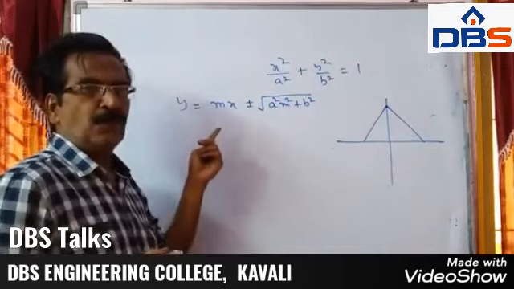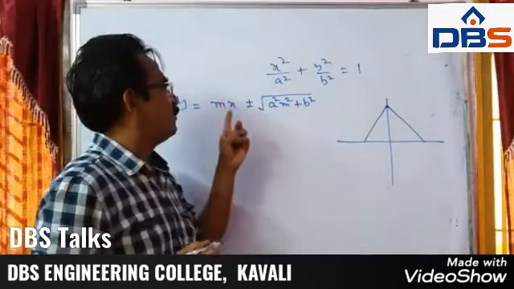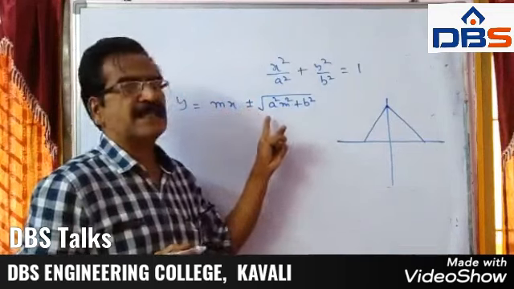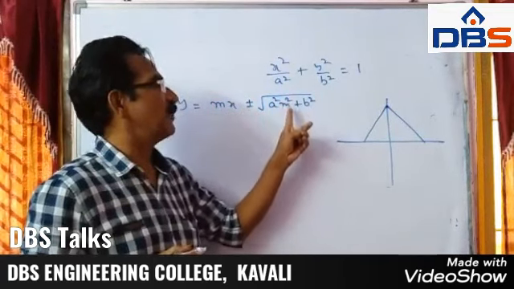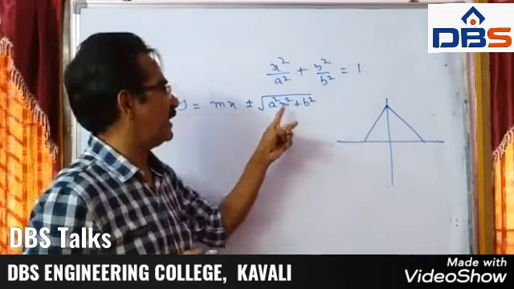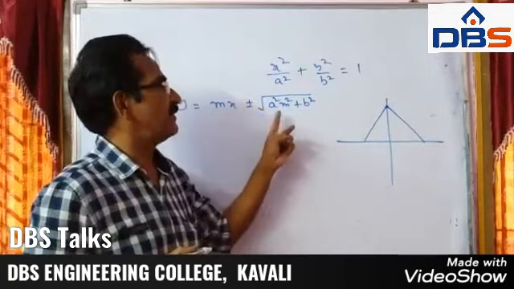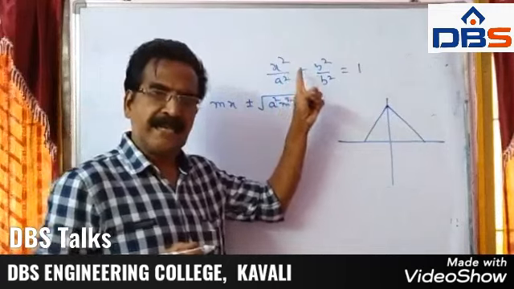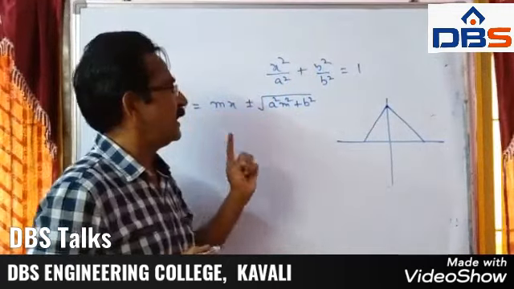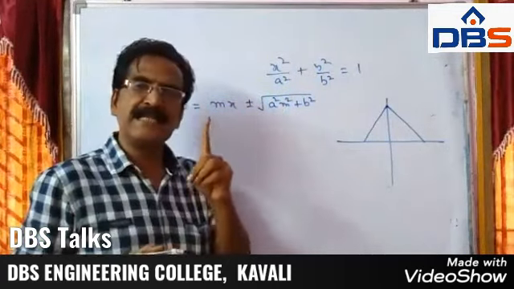This you know, right? This is the equation of a tangent to this ellipse whose slope is m.